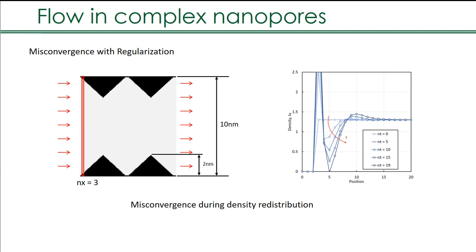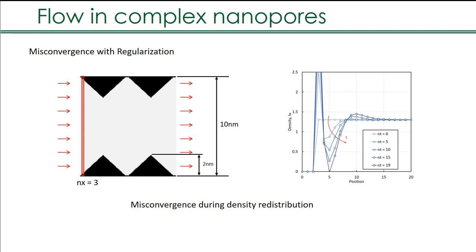However, the addition of regularization seems to result in a lack of convergence to the correct density distribution at steady state. For example, in the same simulation domain at the cross-section nx equal to 3, the density at position 5 becomes negative during the simulation. It's approaching the equilibrium state from the initial conditions.